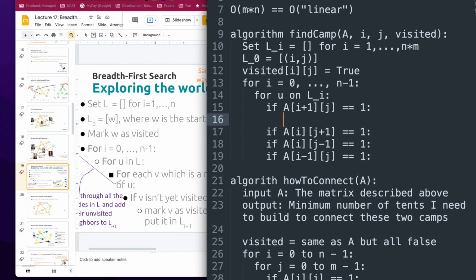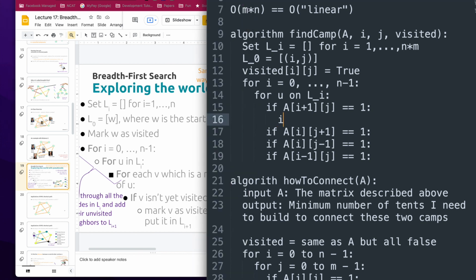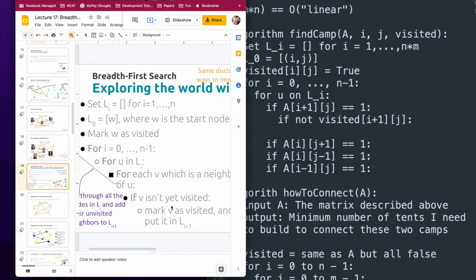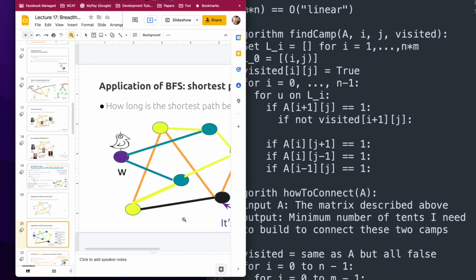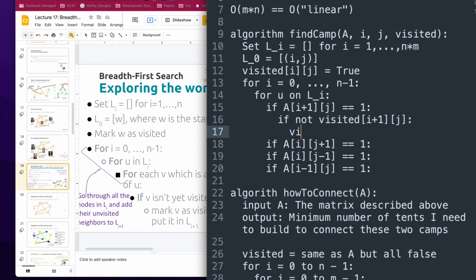Then if they are equal to 1, so that is a neighbor, then we want to check if v isn't yet visited. So if visited[i plus 1][j] is not set, so if I have not visited, then we're going to mark v as visited, i plus 1 j.